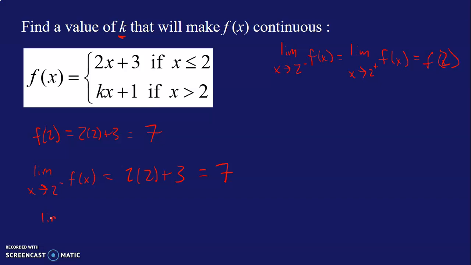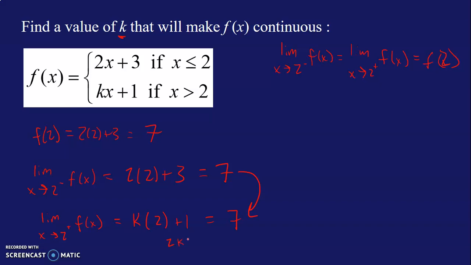And then the limit as x approaches 2 from the right of f of x would be k times x, which is 2, plus 1. So that's what the limit approaching from the right is. And in order for this to be continuous, this has to equal 7, because it has to equal the value of the function and the limit coming from the left side.